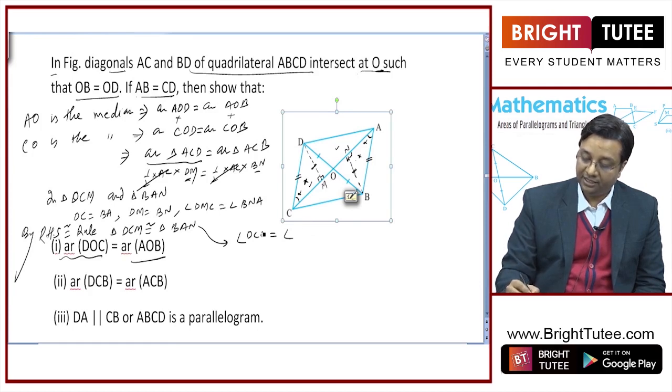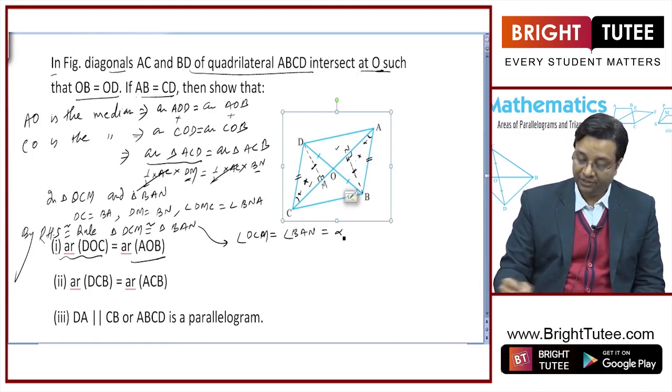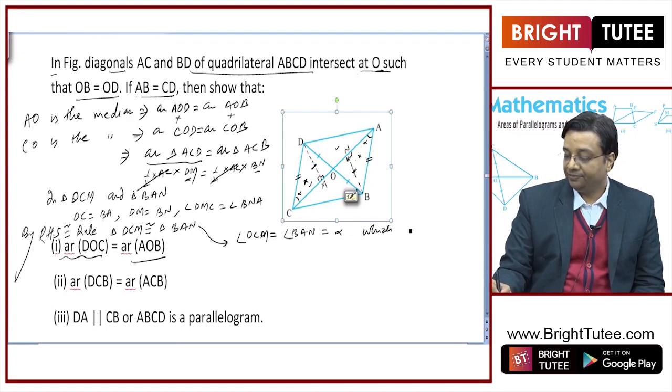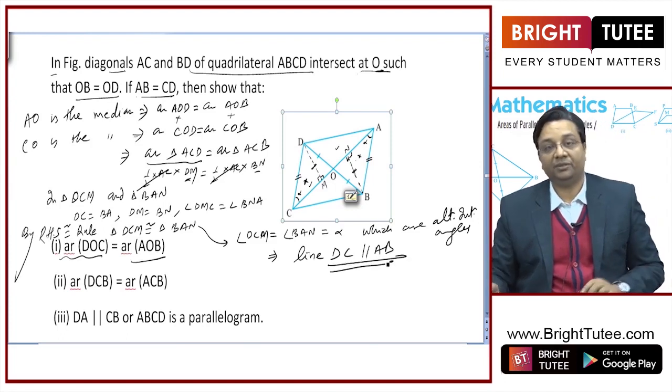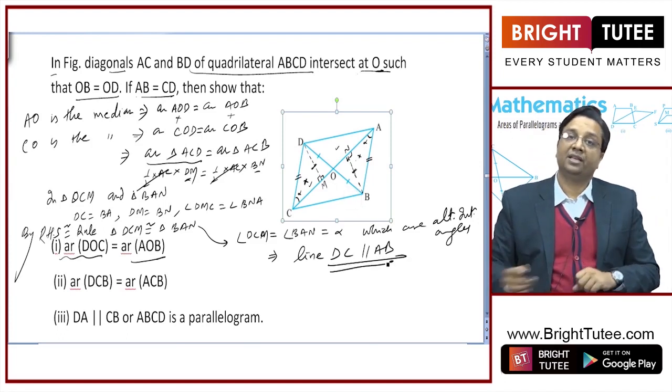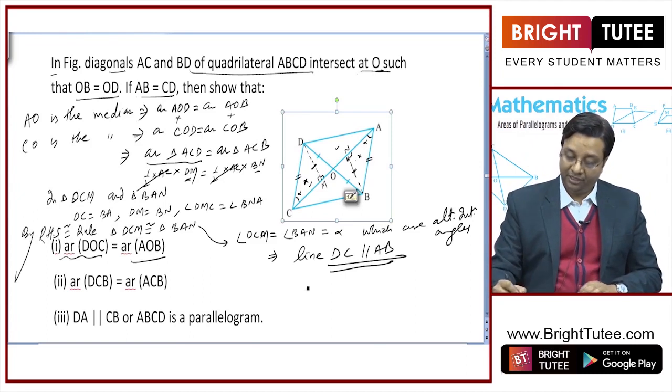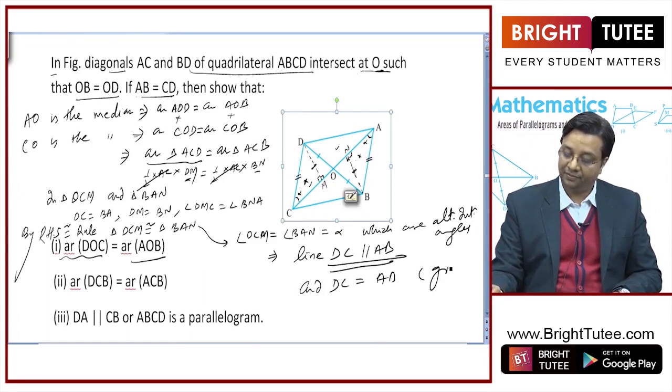Angle DCM is equal to angle BAN, and I have considered them to be alpha, which are alternate interior angles. Hence I can say line DC is parallel to AB. Now you tell me, DC is parallel to AB, DC is given equal to AB, because this is given.